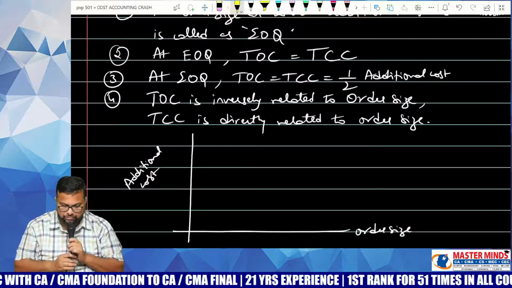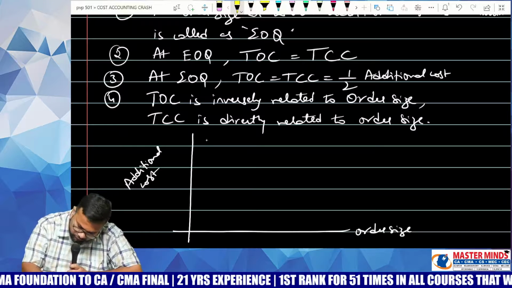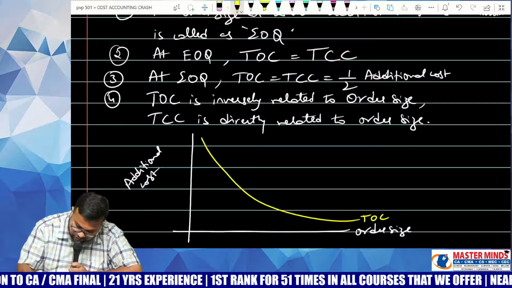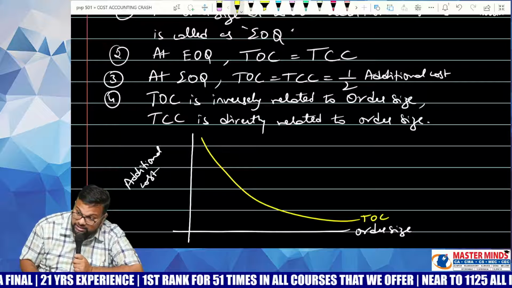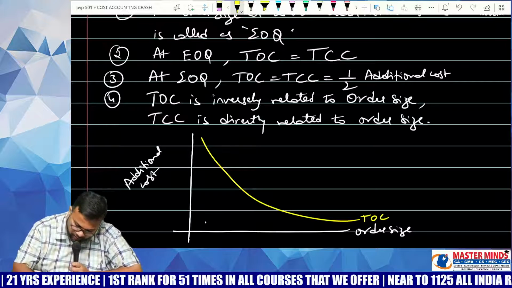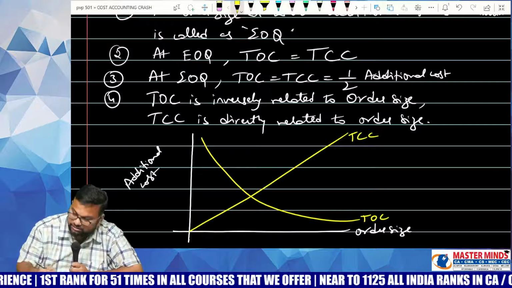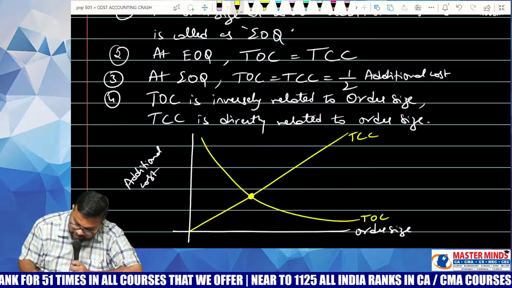What is the relationship between TOC and order size? It will be downward sloping, like this. TOC. And what is the relationship between TCC and order size? Direct. So it will be upward sloping like this. TCC.